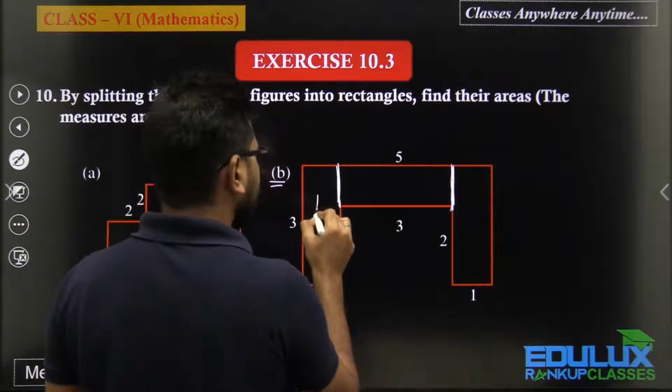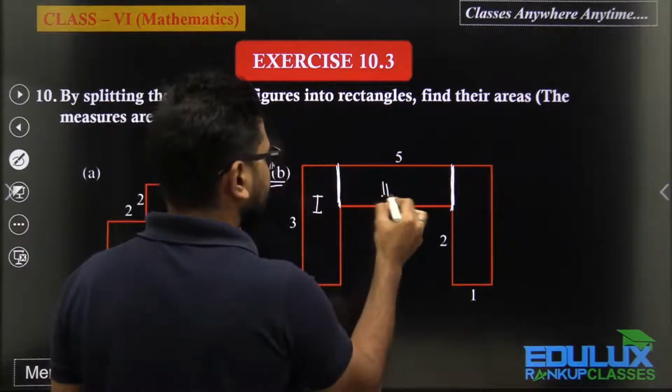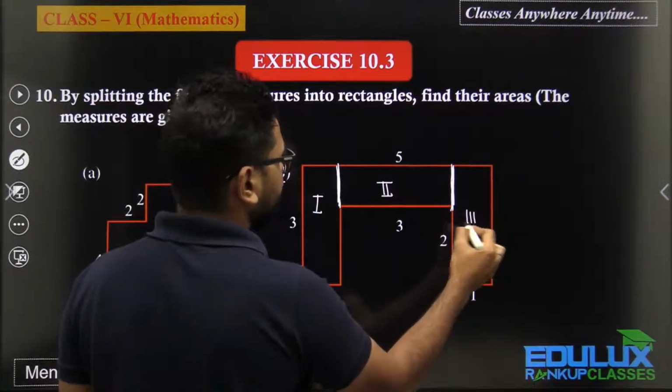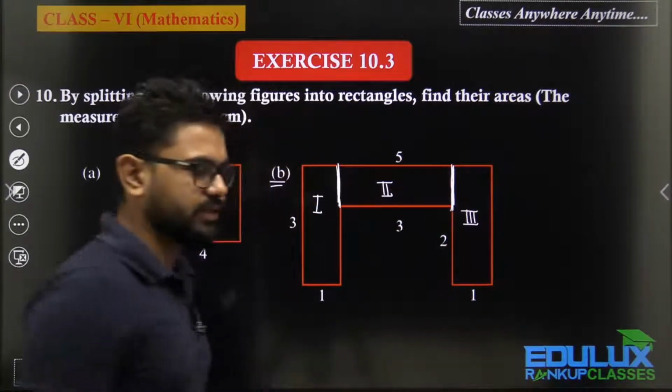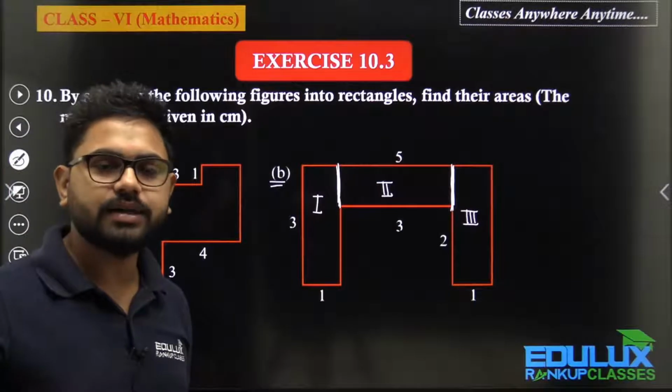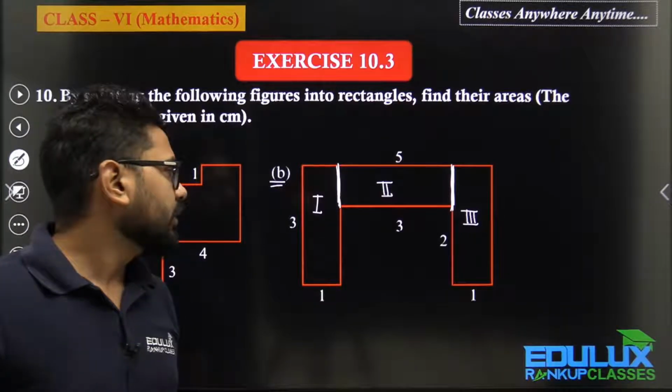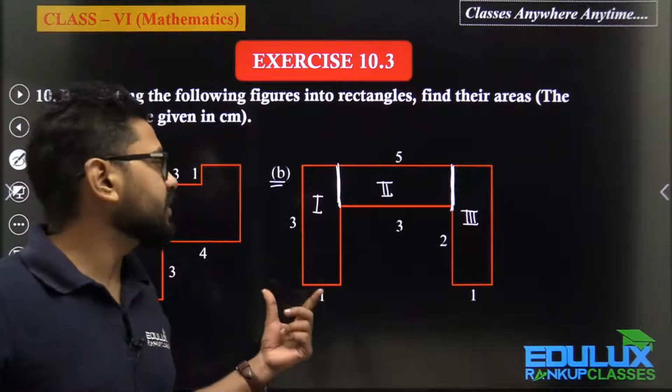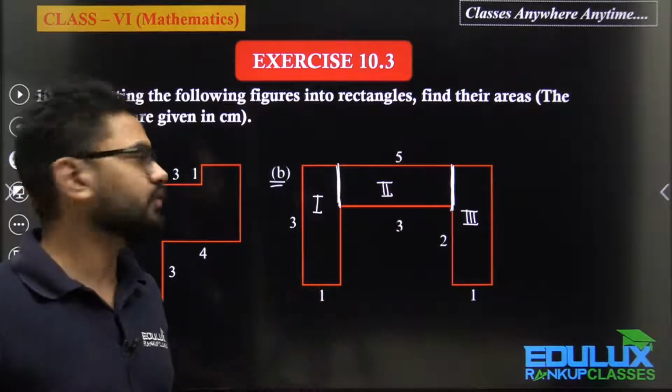We have made first rectangle, second, and there is left one more, that is third rectangle, sorry. So in total we are having 3 rectangles here and we are having only some dimensions and the remaining dimensions we need to find here, है ना?